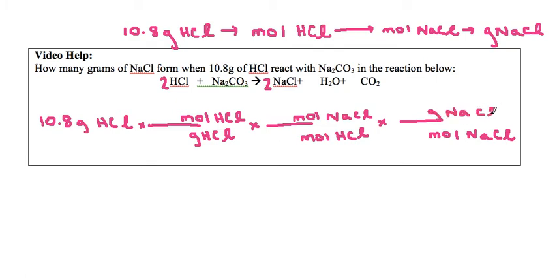Okay, now I just got to plug in my values. So, first thing, if you see grams and moles together, like you do right here, that tells me that I need to find the molar mass. So the reason why I put the HCl, it tells me I need to find the molar mass of HCl. So really not that bad. It would be 1.008 plus 35.45, which is the mass of chlorine, and I get 36.458.